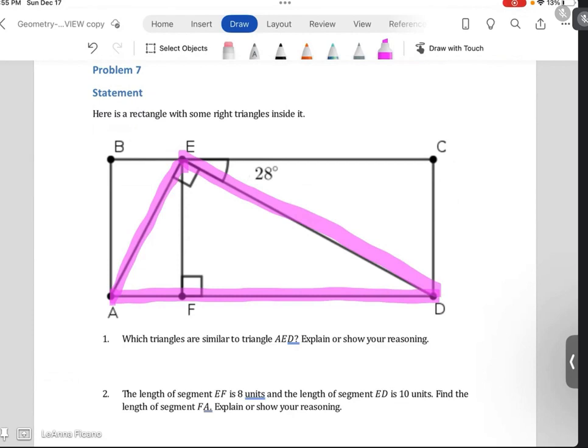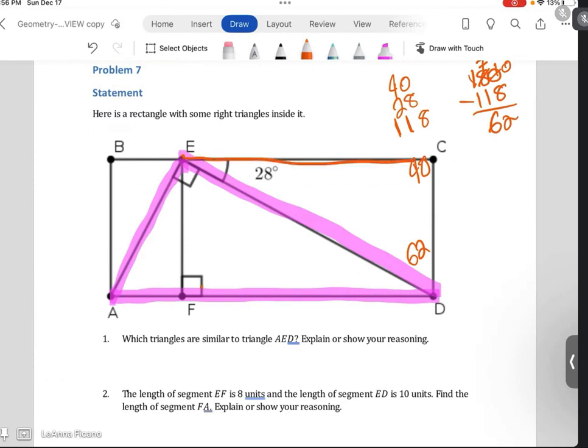All right, so which triangles are similar to triangle AED? Okay, so this we know is 90 degrees, 90 plus 28, right? I believe, yes, 118. Then we have 180 minus 118, right? So this is 62. Okay, so we know this is 90. This is a parallel line here and here, and this is a transversal. God, I cannot draw.